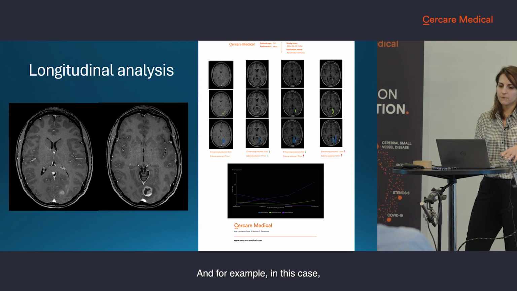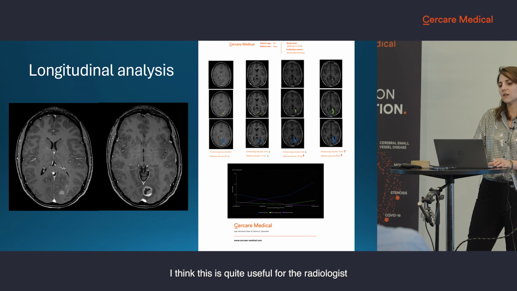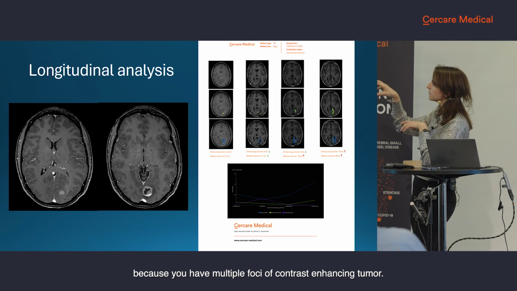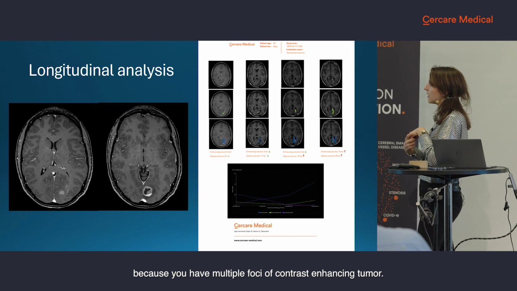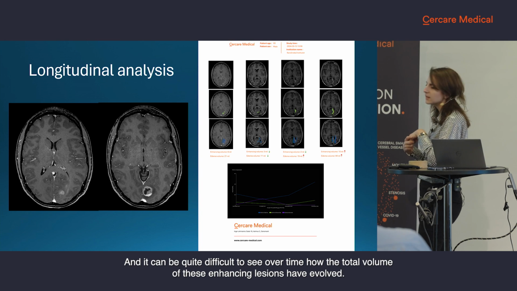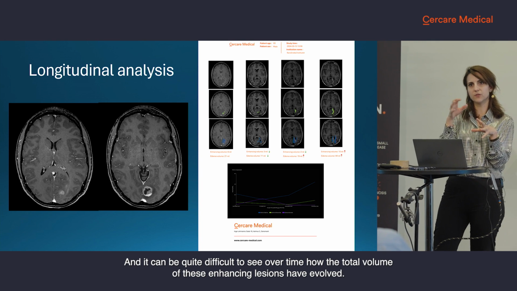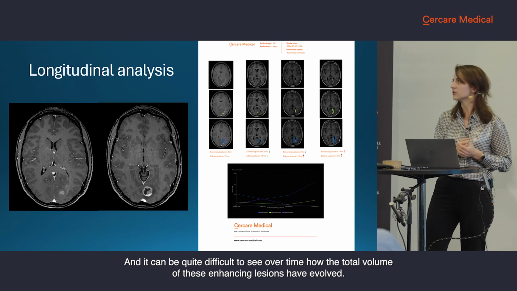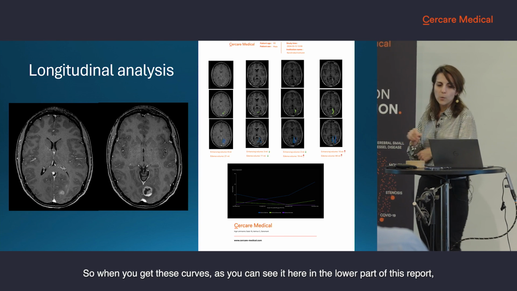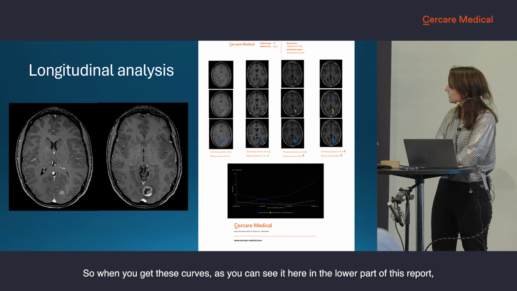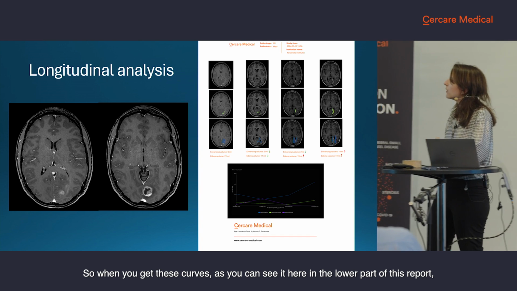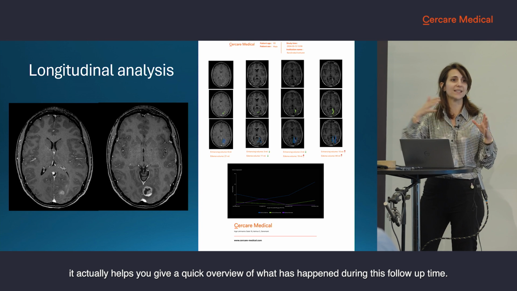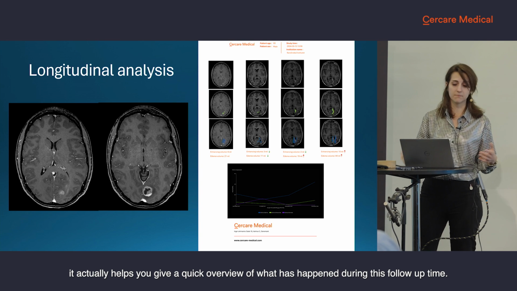In this case, I think this is quite useful for the radiologist because you have multiple foci of contrast-enhancing tumor, and it can be quite difficult to see over time how the total volume of these enhancing lesions has evolved. When you get these curves, as you can see in the lower part of this report, it helps you get a quick overview of what has happened during this follow-up time.